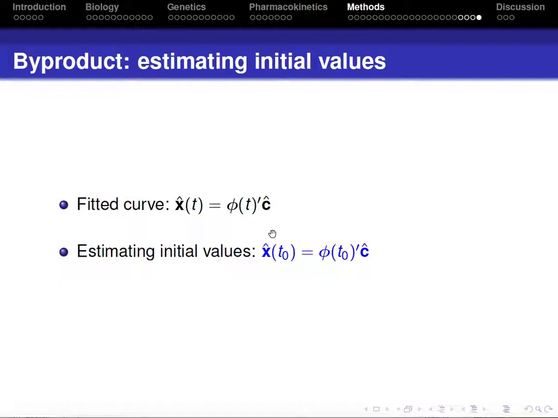So after you get the smooth function, you can evaluate it at the starting time point, and use that value as the estimated initial conditions. So a good byproduct of our parameter cascading method is that we are able to estimate the initial conditions from the data.